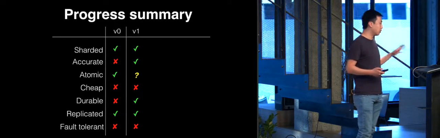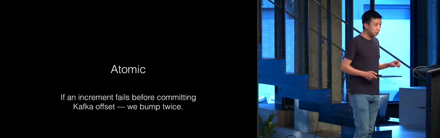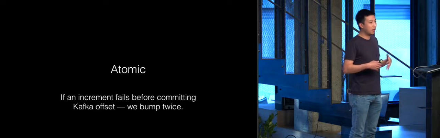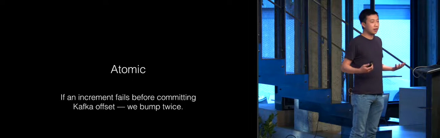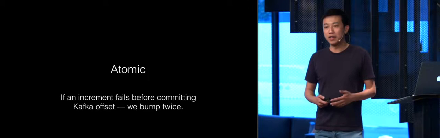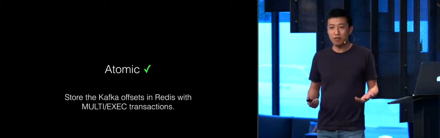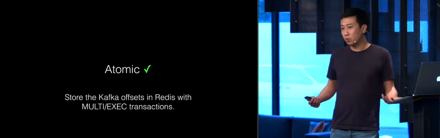And before I get to that solution, I want to talk a little bit about the atomicity here. So the idea here is that Kafka offers at-least-once semantics by default. And we want exactly once because otherwise you might be bumping the count twice or even more when committing the Kafka offset may fail. The solution to that is quite easy because Redis supports transactions.